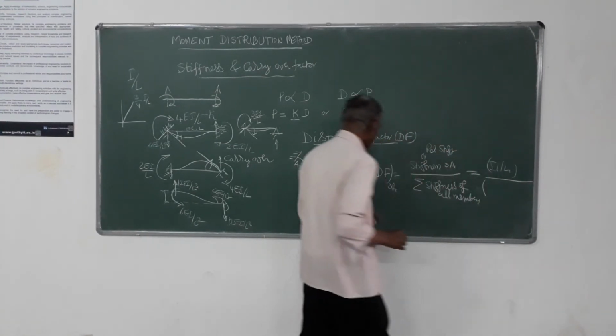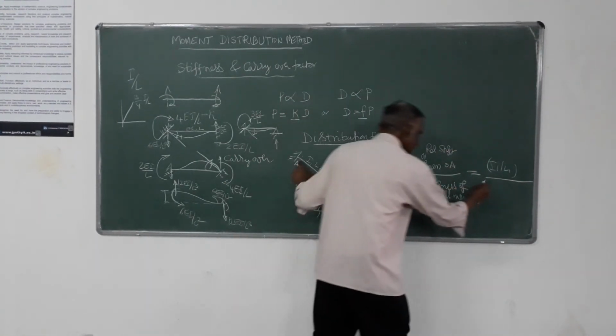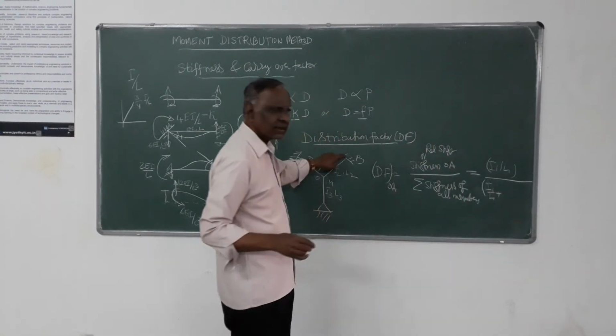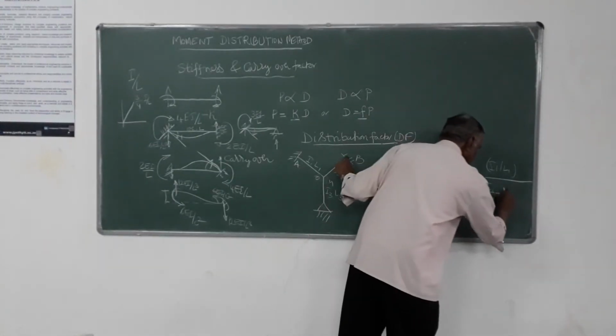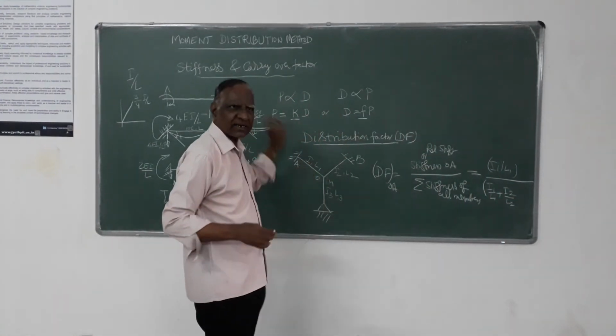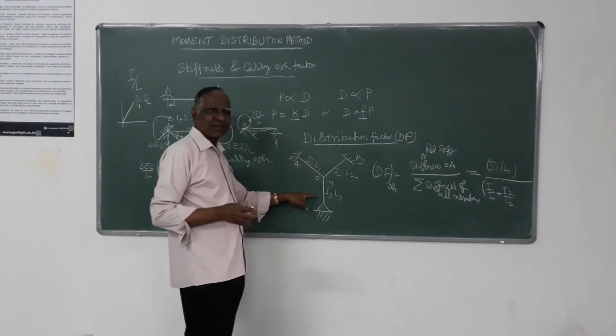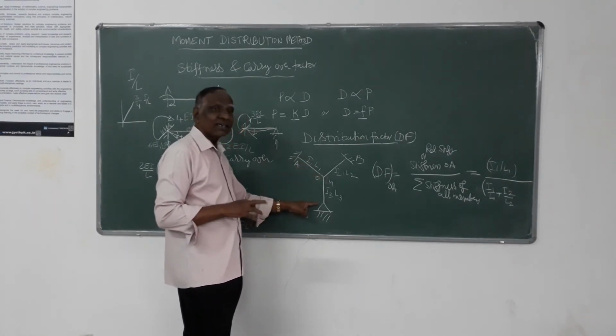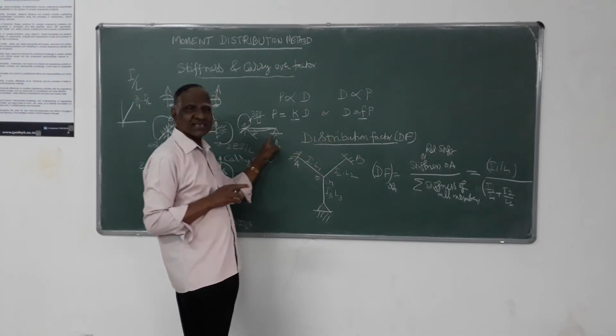Here, the relative stiffness of OA is I1 by L1 plus OB, it is I2 by L2, because there that member also has one end fixed, the other continuous. This one has one end continuous, similar to fixed, the other is hinge. That is this case.